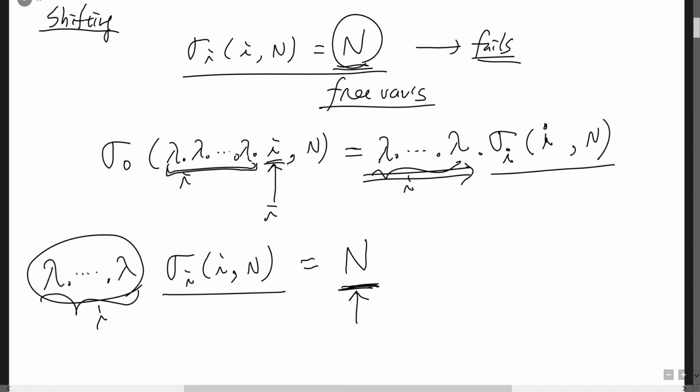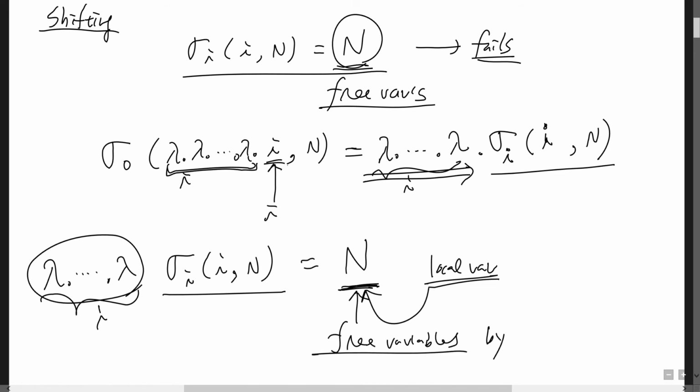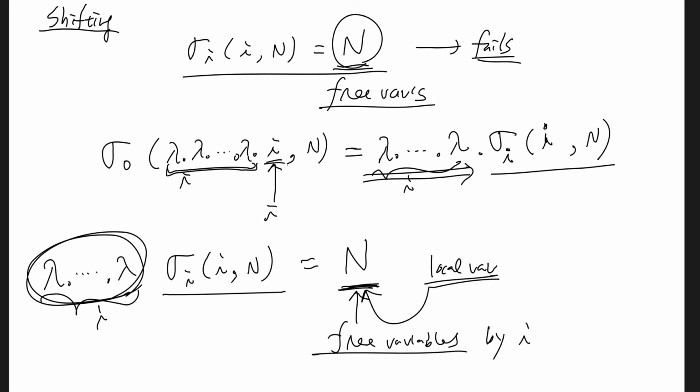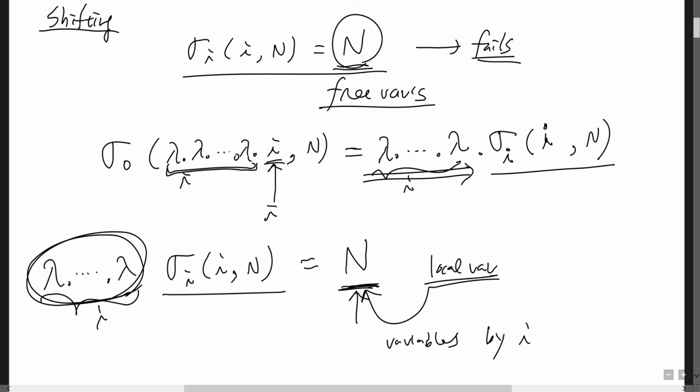Of course, those variables that are not free, let's call them just local variables. Local variables remain the same, but all these free variables should be adjusted, should be shifted by I, because we have I copies of lambda binders. So what we want is, to summarize, you don't want to copy n directly here.